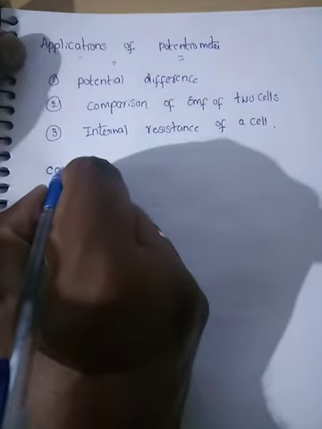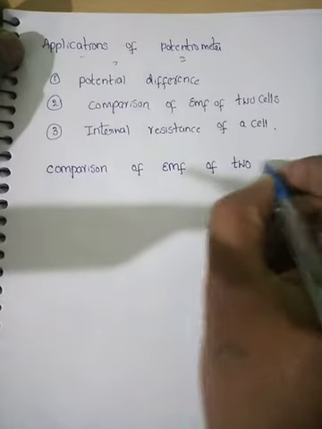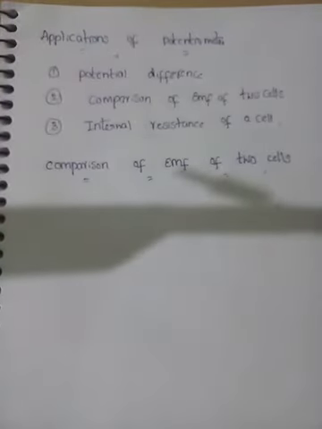So let us come to the first one. We can compare the EMF of two cells by using this potentiometer. For this, the primary circuit is compulsory.